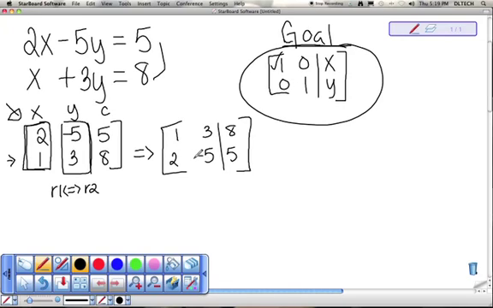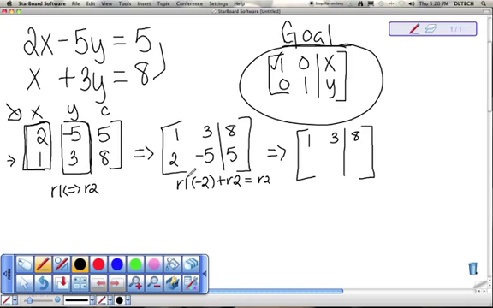And to do that, we can multiply row 1 by -2 and add that to row 2. And this will give us our new row 2. So we'll keep our first row the same, so we'll just rewrite that.